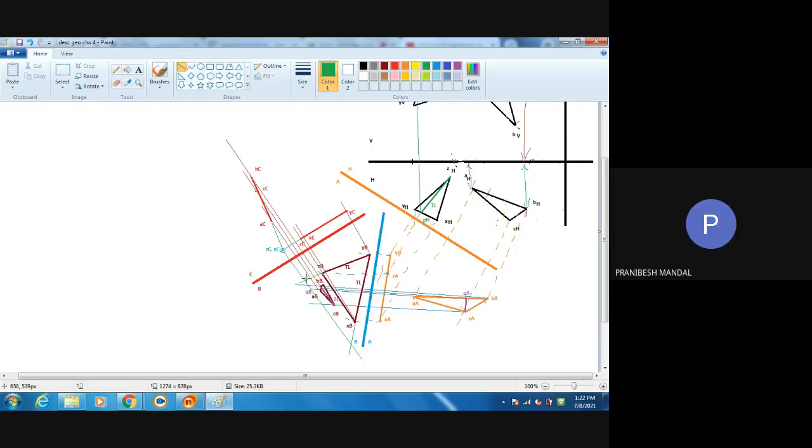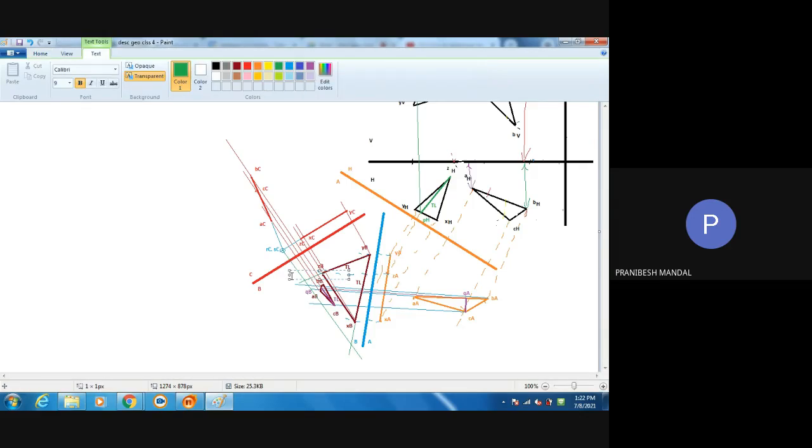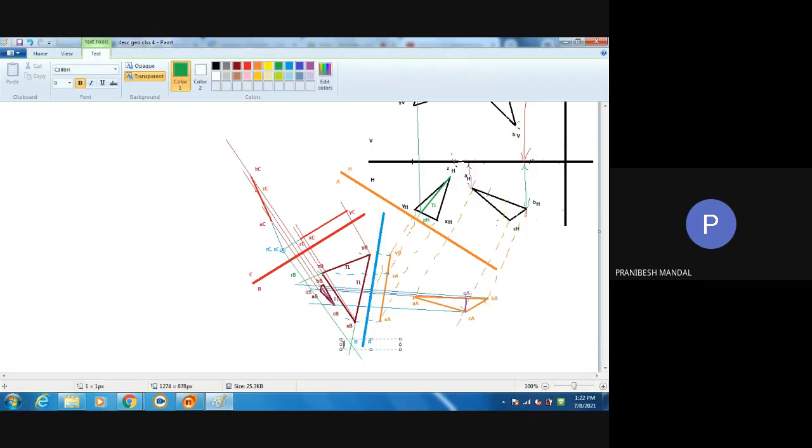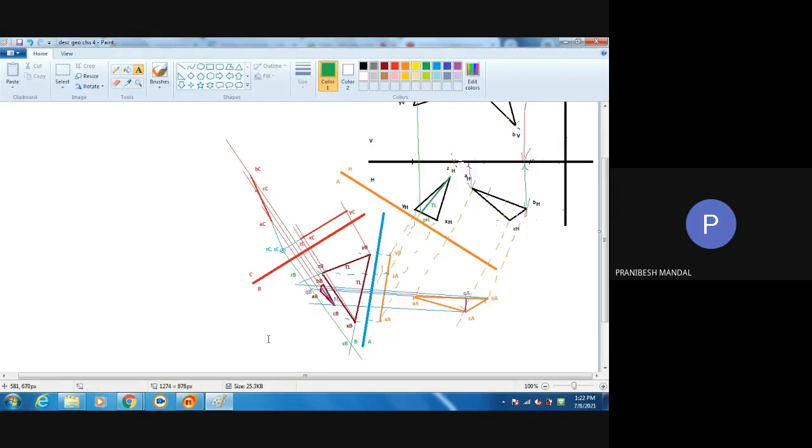So this particular point, anyone, no one knows which will be which, but this can be taken as your RB and this can be taken as your SB.